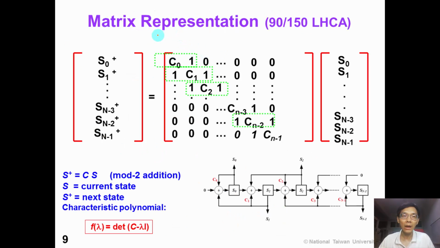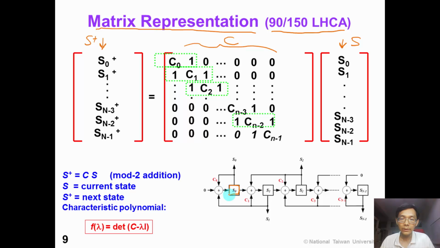Like LFSR, we can use a matrix to represent this 90/150 linear hybrid cellular automata. The left column S plus is the next state of the cellular automata. The right column S is the current state of the cellular automata. In the middle is the C matrix.